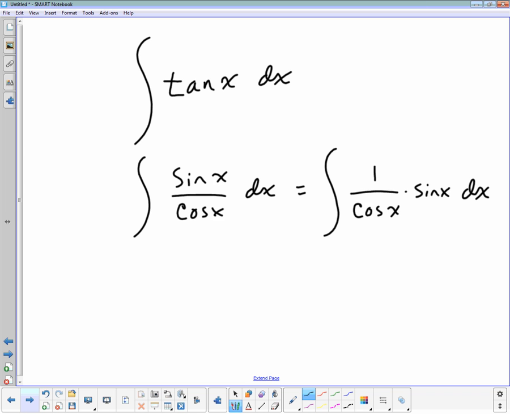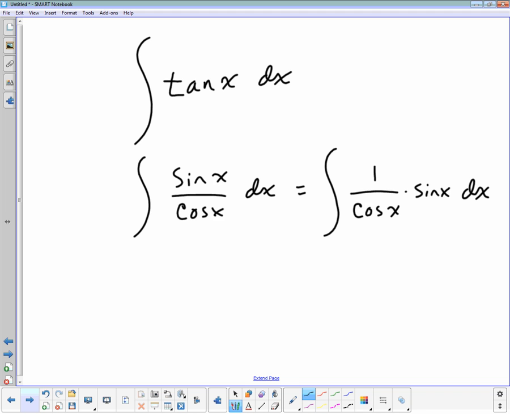So who do you want to be the u? Who shall I substitute for? Who should be the u? Who votes cosine? Who votes sine? Okay. Now here's what will happen if we pick the wrong thing.